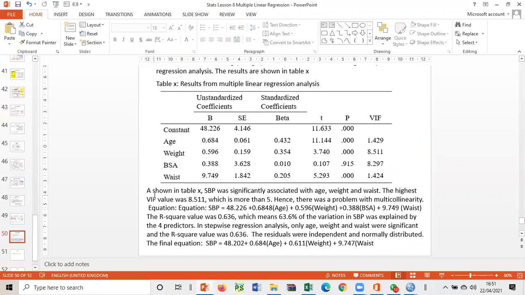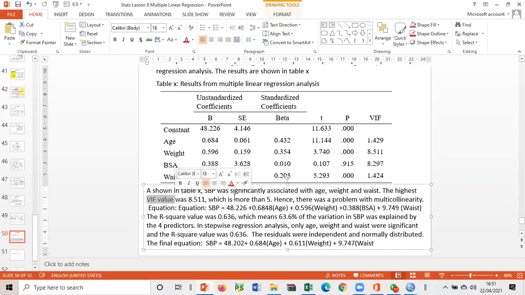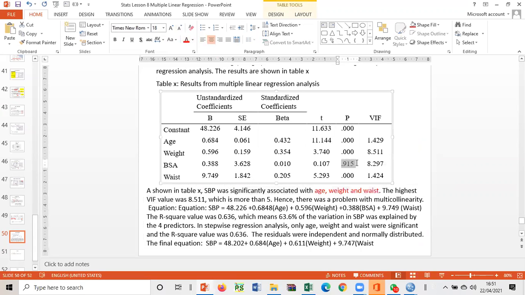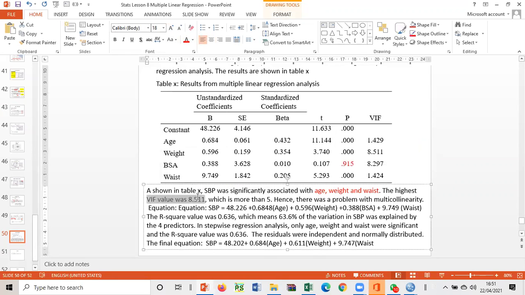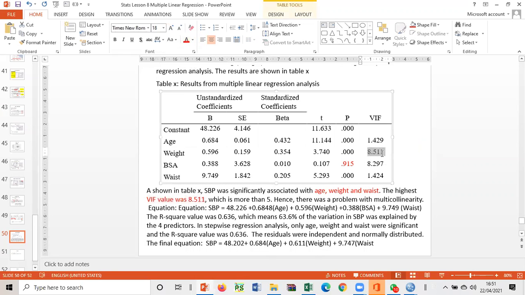So write up, as shown in table X, SBP was associated only with age, weight, and waist because this is not significant. The VIF highest value 851, which is more than 5. Hence, there was a problem of multicollinearity.